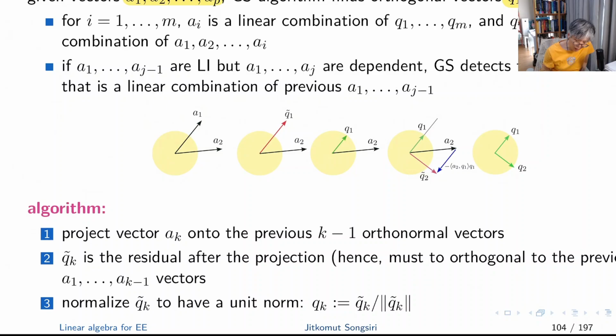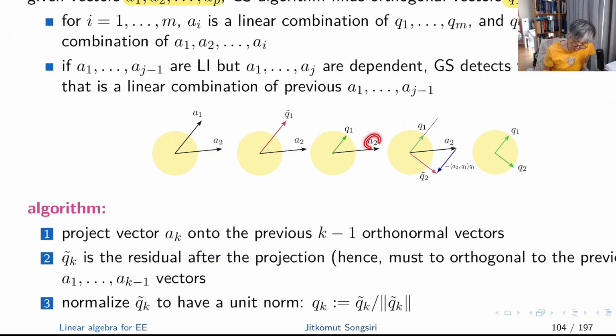Next, you pick the next input vector, which is a2, and what you're going to derive is q2 tilde. q2 tilde is going to be the residual after the projection onto the previous k minus 1 vectors.